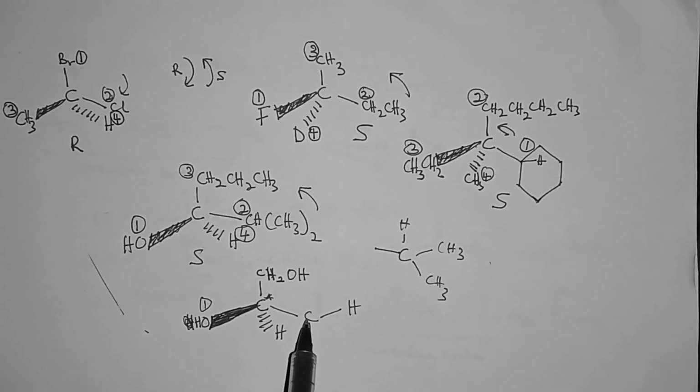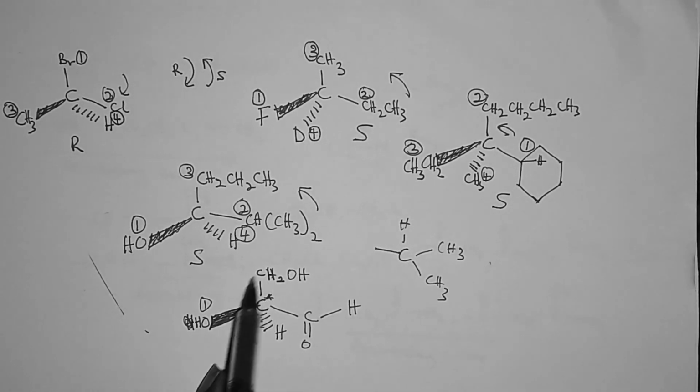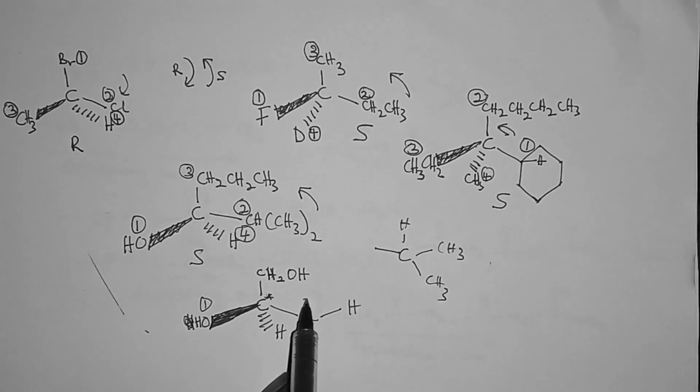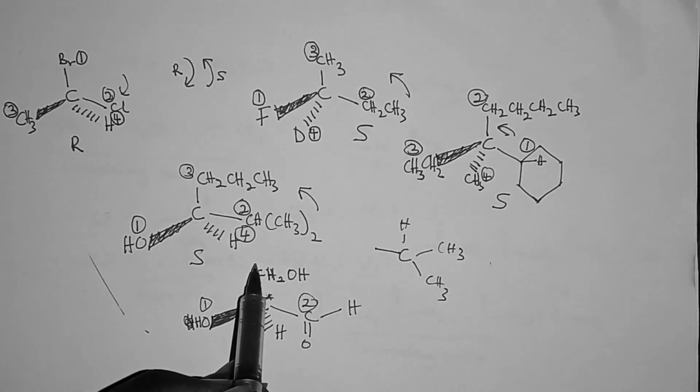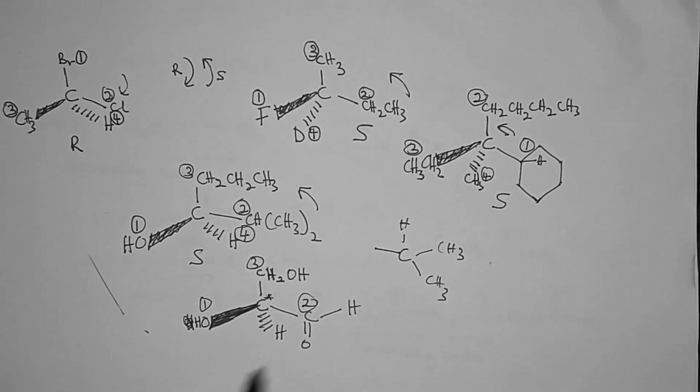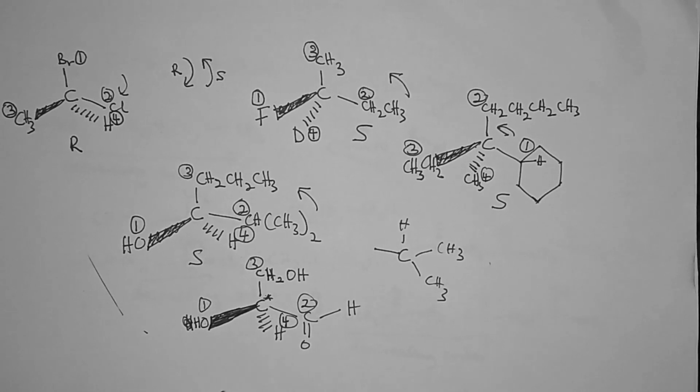Now, this carbon is bonded to a proton. However, this carbon is doubly bonded to an oxygen. So we'll give precedence to this carbon doubly bonded to an oxygen over a carbon bonded to a proton, because an oxygen has a higher molar mass than a proton. So this becomes number 2, and this becomes number 3, and then the proton becomes number 4.